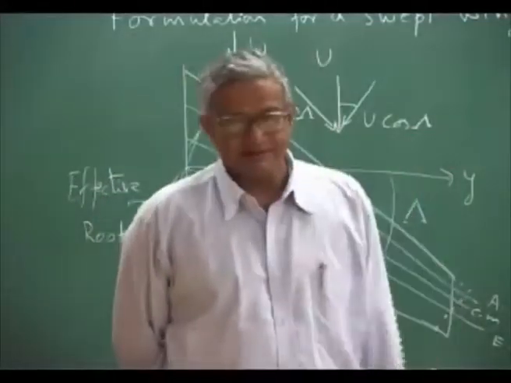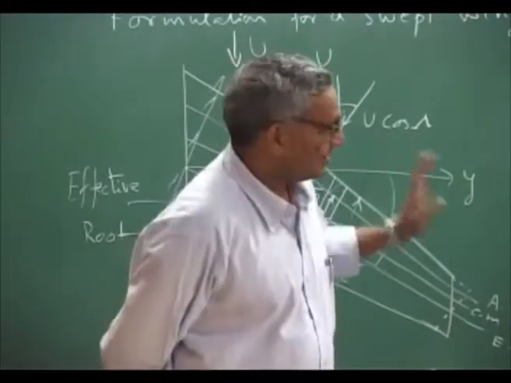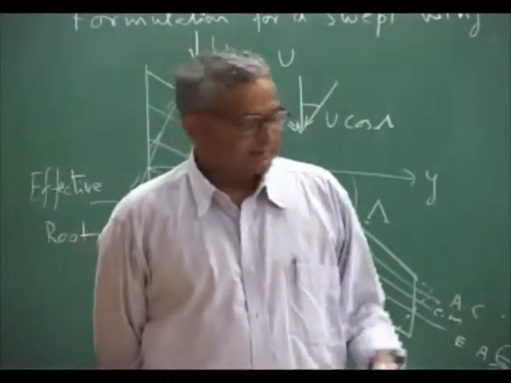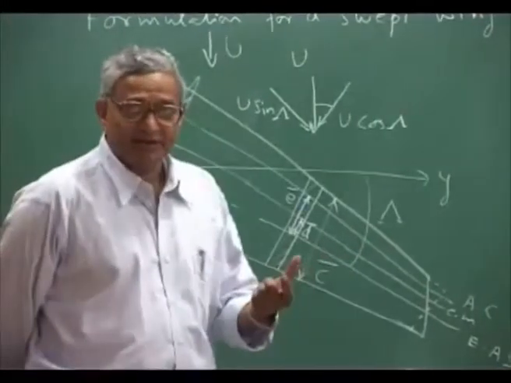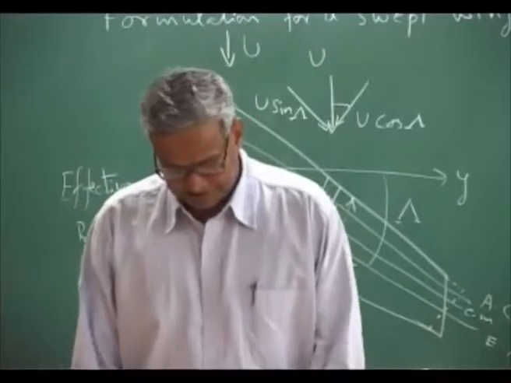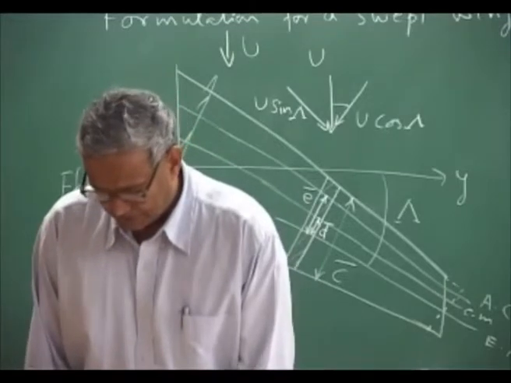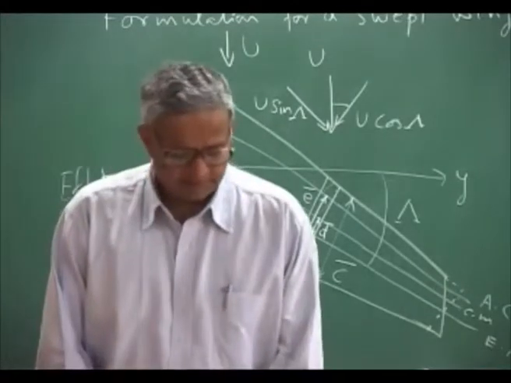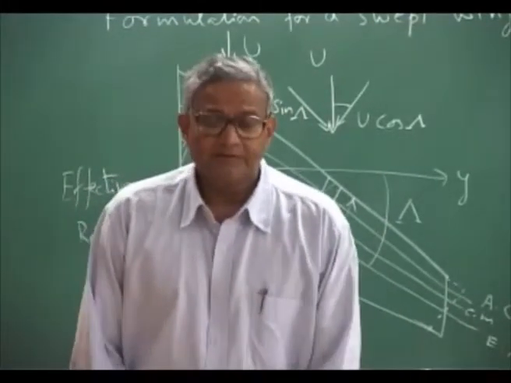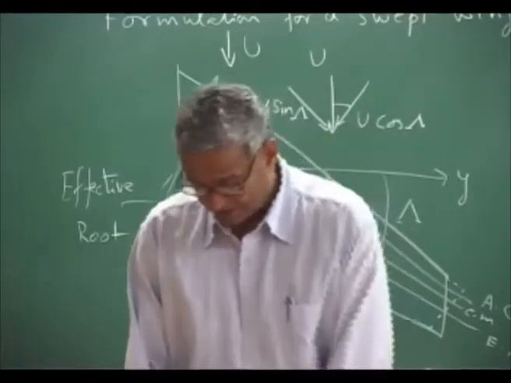So the assignment I will send you: calculate the divergence speed for the wing by both approaches. Okay, and then compare the results, how they vary. Okay, so now we will do one example problem of how to apply Galerkin method for getting the divergence of a wing.